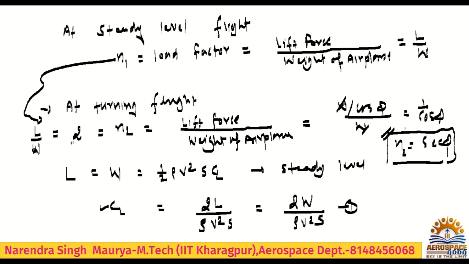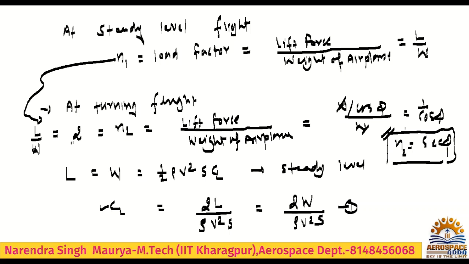It will go to infinite if you write cos 90. So it will be 1 upon cos 90 means 1 upon 0, that will be infinite, so that is not possible. And obviously turning at 90 degrees is not possible at all, yes or no? So a banked angle of 90 is not possible.